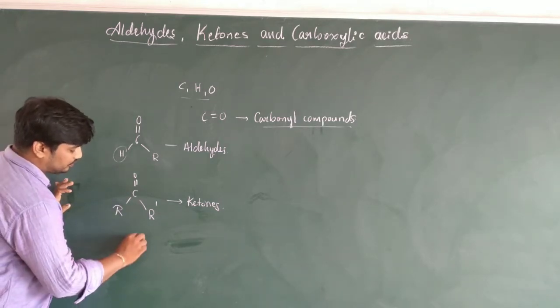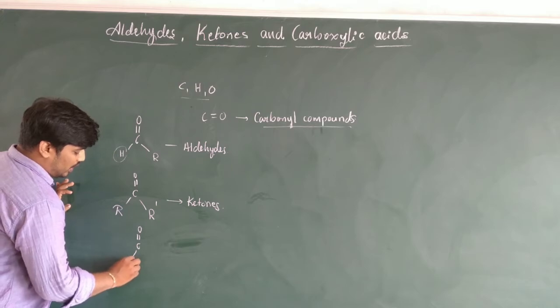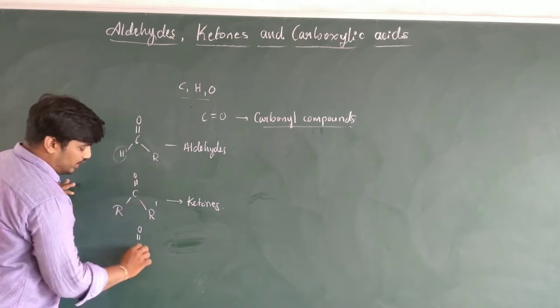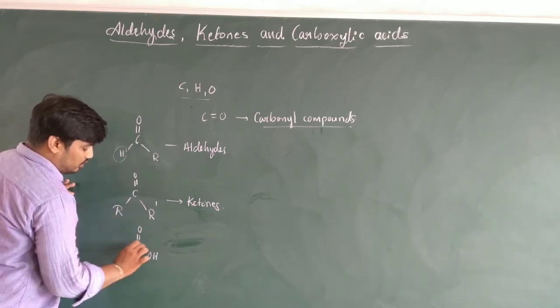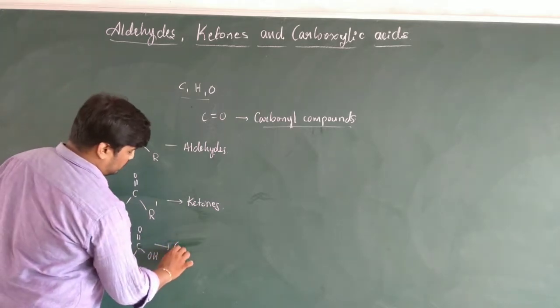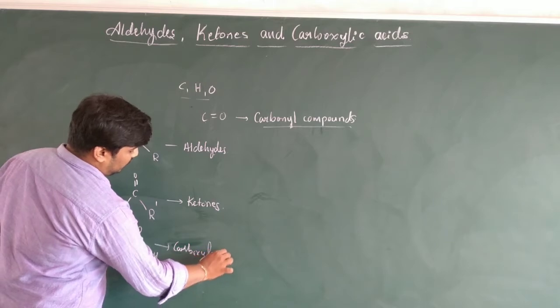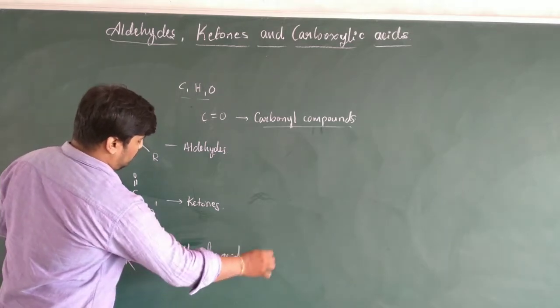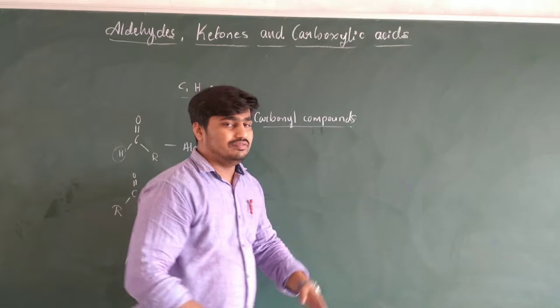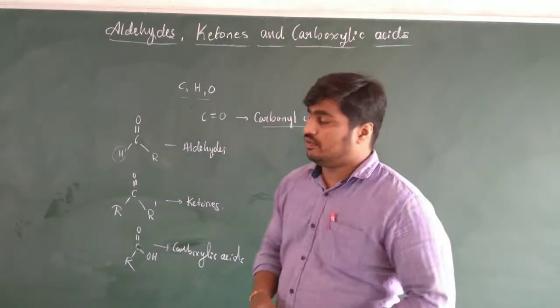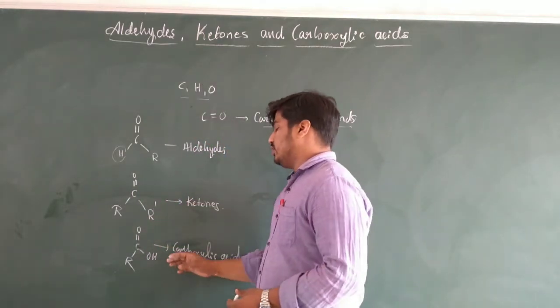And if the hydrogen of the aldehyde is replaced by an OH group, an alcoholic group, then it is known as a carboxylic acid. So these are the general formulas of aldehyde, ketones and carboxylic acids.